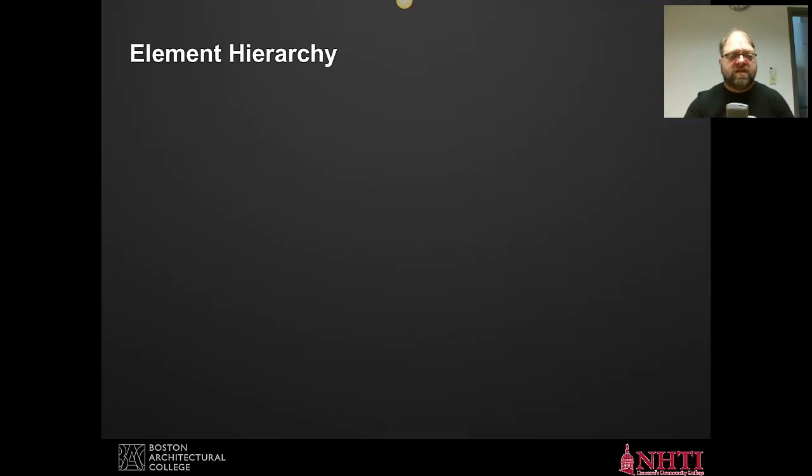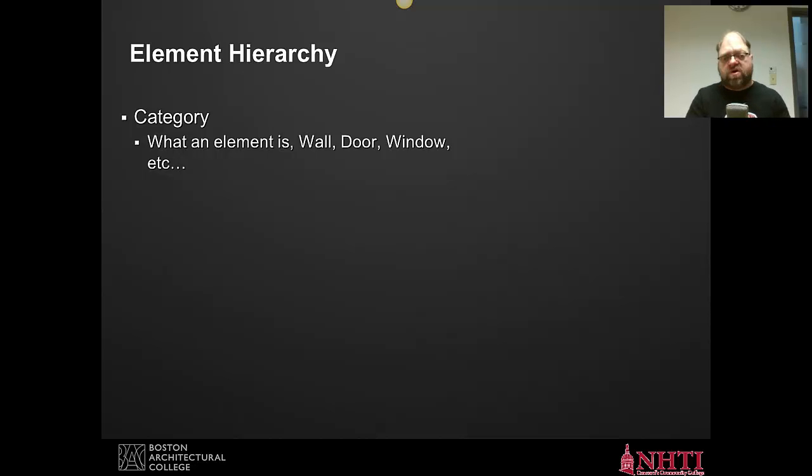Sitting at the top of this element hierarchy, Revit needs to know the category of what an element is. So what is this thing? Is it a wall? Is it a door? Is it a window? Everything has some kind of category it has to fall into. You can imagine that with this set of categories, sometimes there are things that are in between, so we have to make a choice as to what that's going to be.